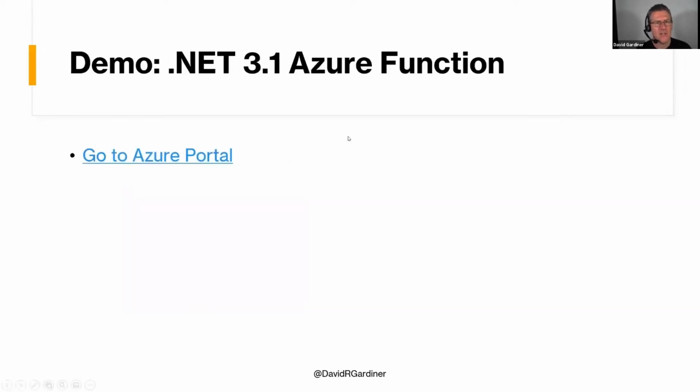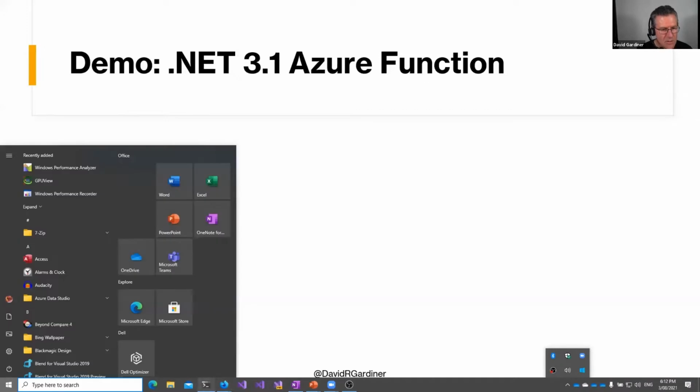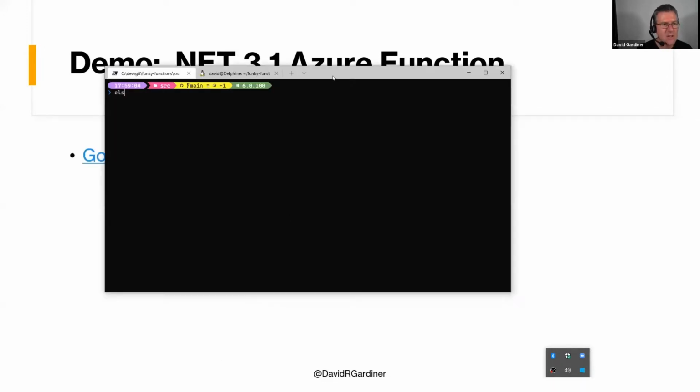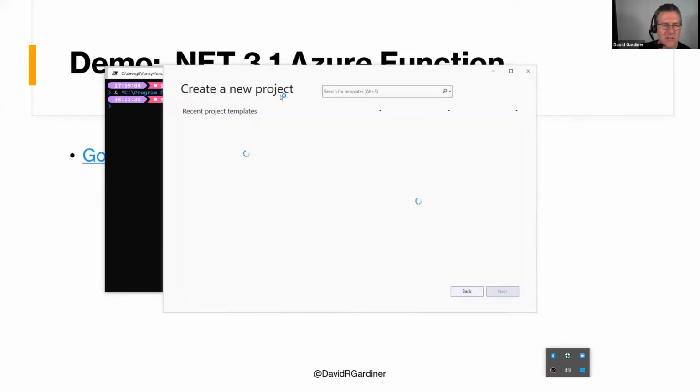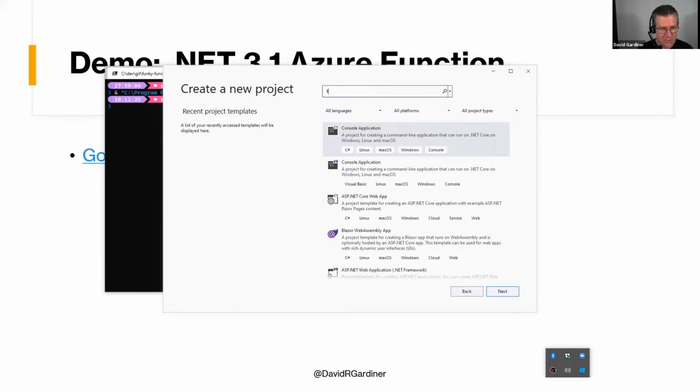So we'll just quickly jump in and show, if we're going to create an Azure Function, how would we do that? First of all, we can go to Visual Studio, and I'll just bring up my terminal and launch Visual Studio 22 preview because I like to live on the edge. So I could go create new project and search for functions.